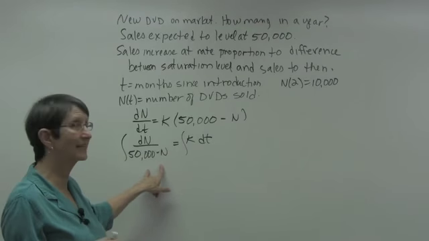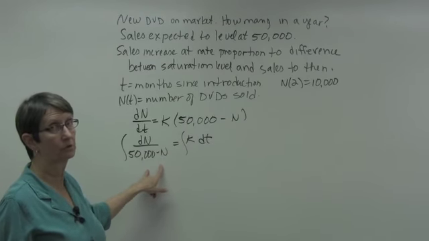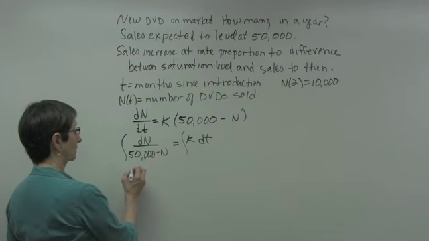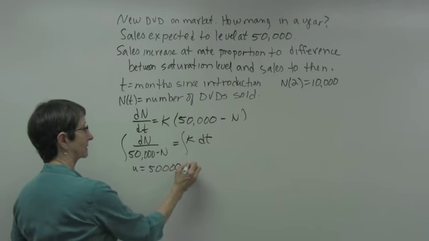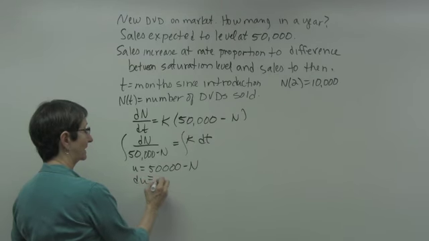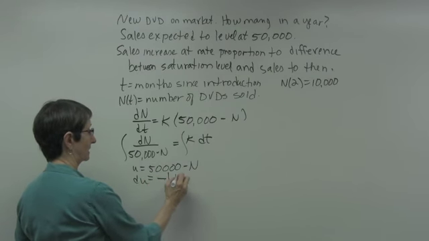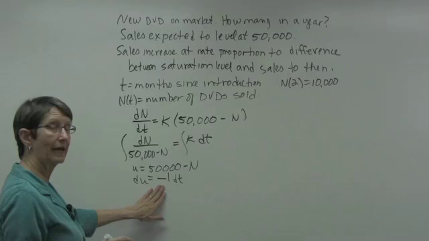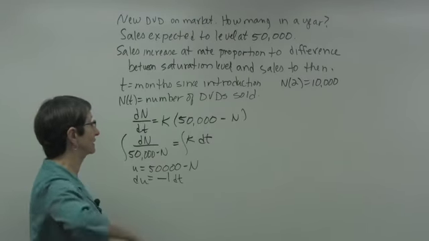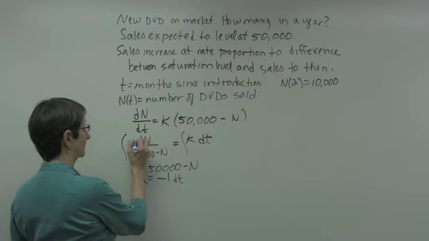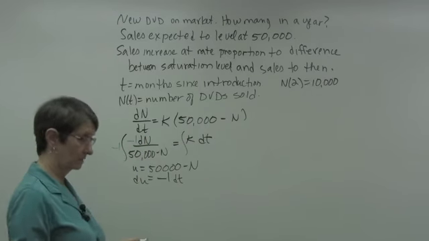So I do have to think about what I can do with u substitution. So my u here is 50,000 minus N, and du for this one is negative 1 dt. So I have to account for a negative sign, so we'll have to put a negative in front.